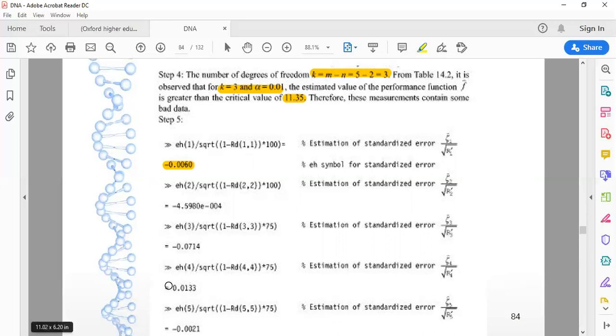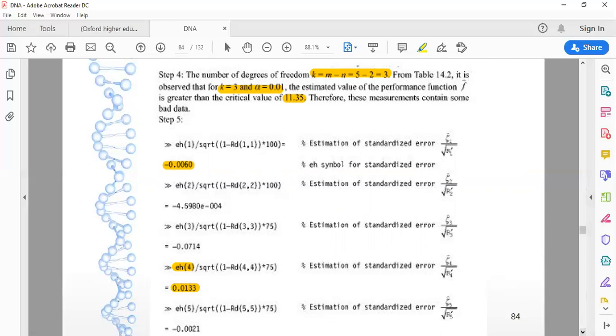Over here this value is the highest one, which is the component of the fourth variable. So the standard estimated error of component 4 is higher. So now we will remove measurement 4 and once again recalculate the values of x1 and x2 based on the rest of the components.